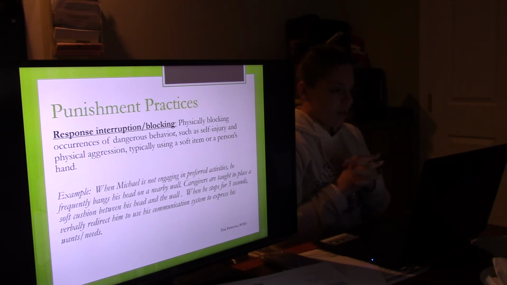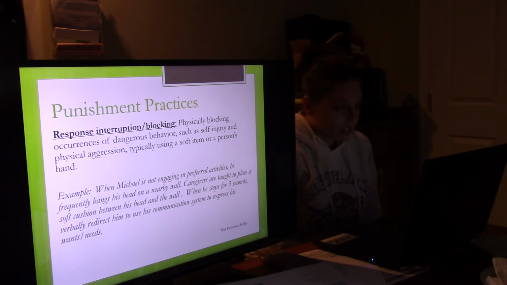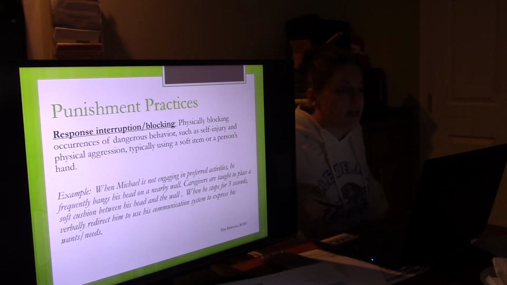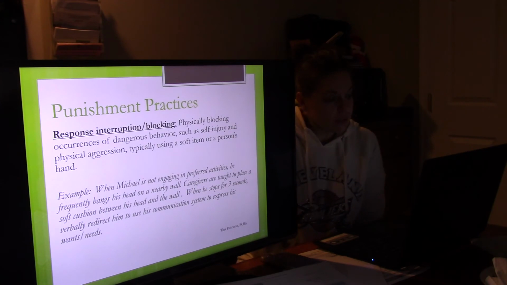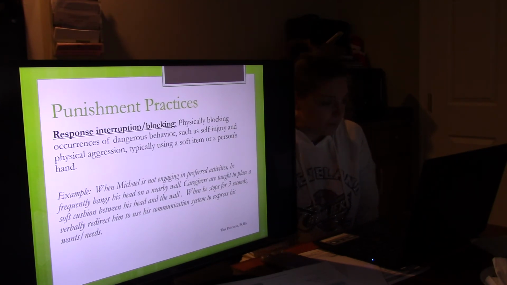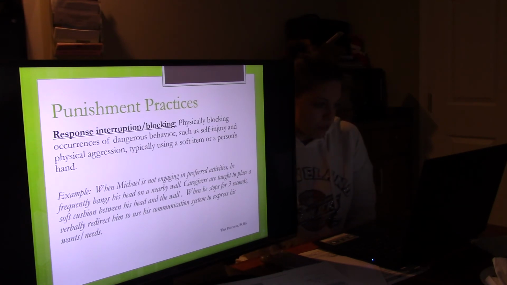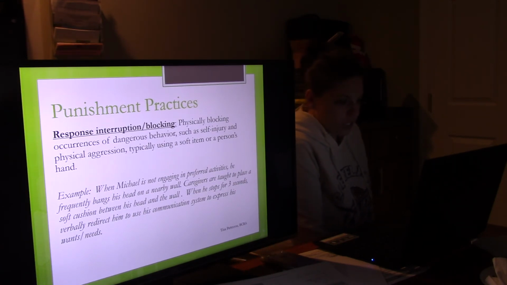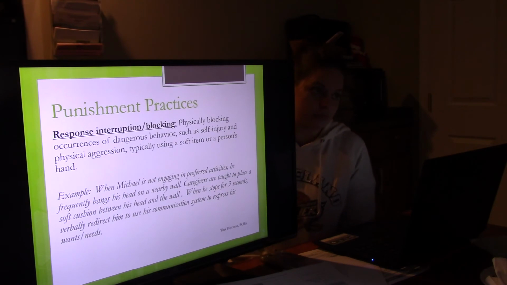So the example: when Michael is not engaging in preferred activities, he frequently bangs his head on a nearby wall. We have these kids. Caregivers are taught to place a soft cushion between his head and the wall. When he stops for 3 seconds, verbally redirect him to use his communication system to express his wants or needs. 3 seconds is not long enough for our kids at all.